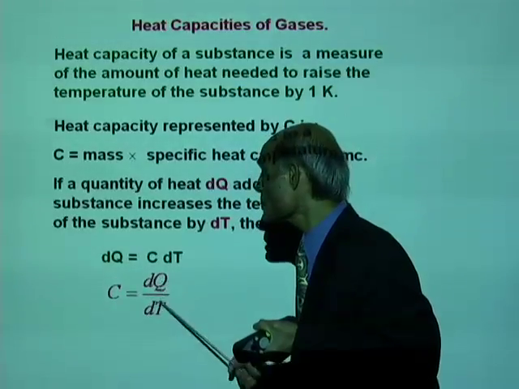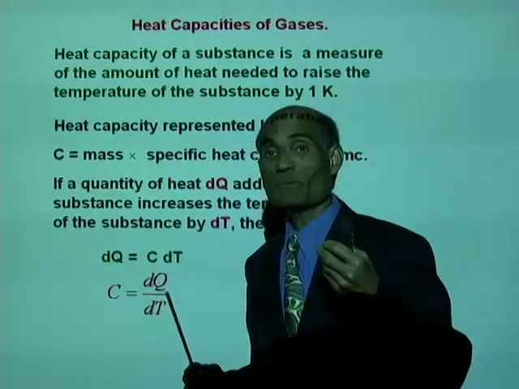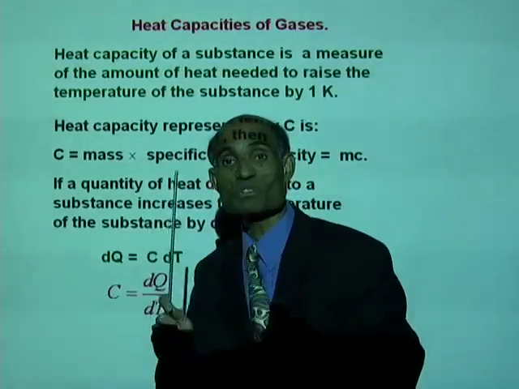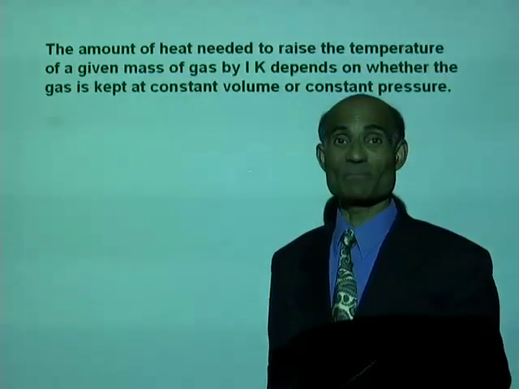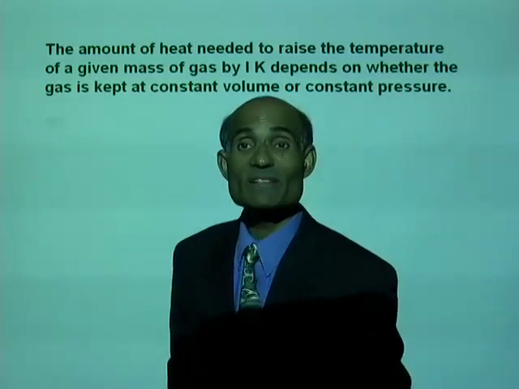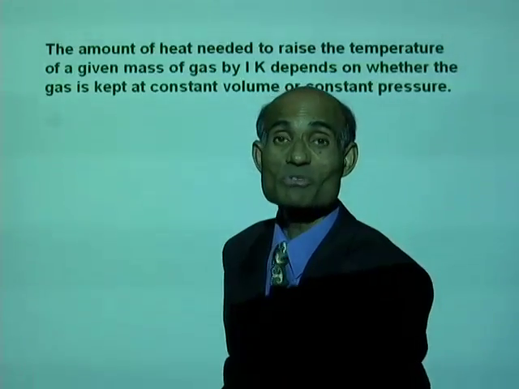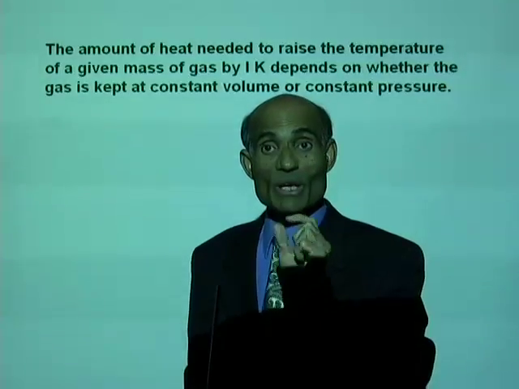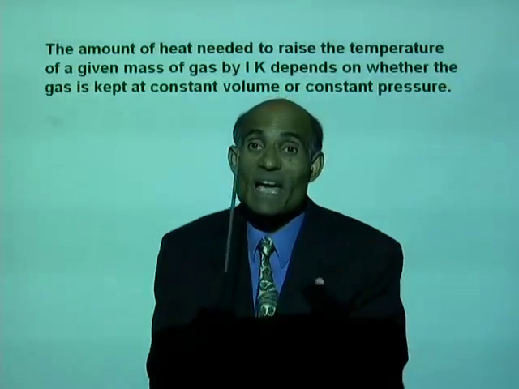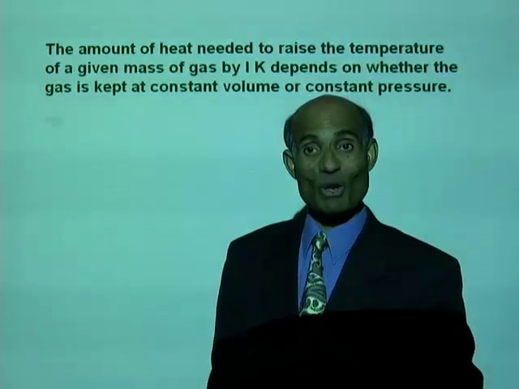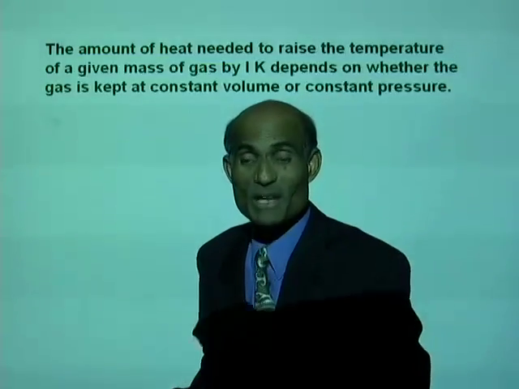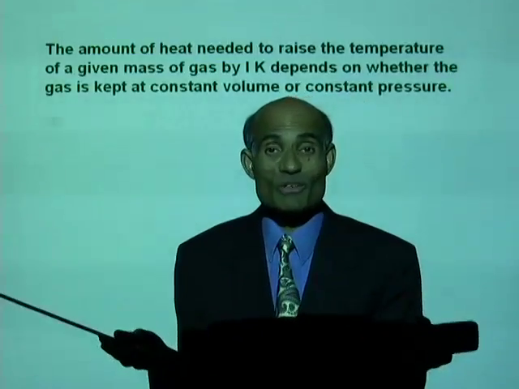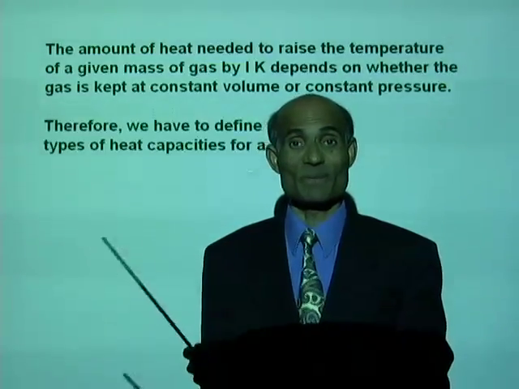C equal to dQ by dT, the amount of heat needed to raise the temperature by 1 Kelvin. The amount of heat needed to raise the temperature of a given mass of gas by 1 Kelvin depends on whether the gas is kept at constant volume or if it is kept at constant pressure. As I have told you earlier, these two quantities are different.